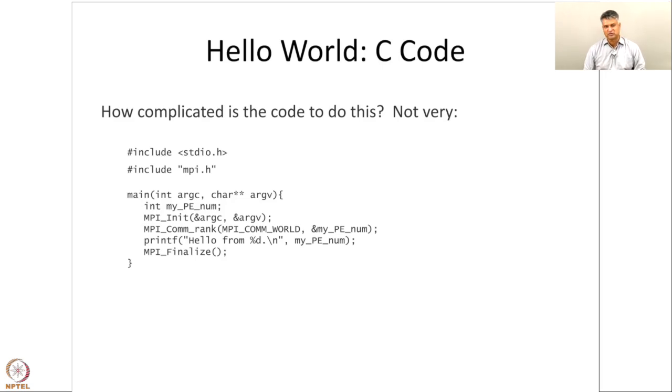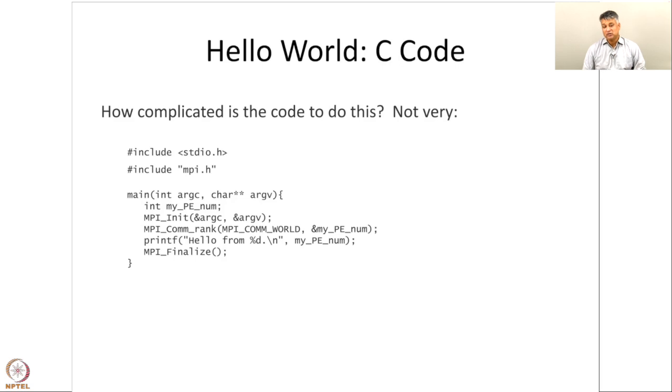Each of these distributed processes is given a separate ID ranging from 0 to the number of processors minus 1. So the function MPI_Comm_rank takes the information of which unique ID has been assigned to that particular process, and it puts that number into the variable myPenum.